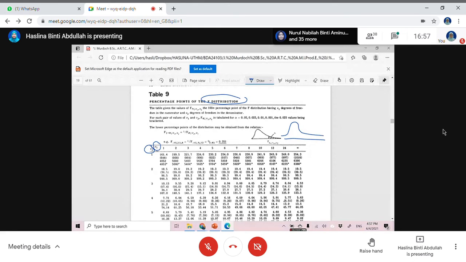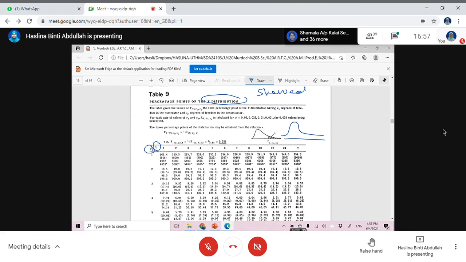Kita namakan sebagai skew to the left. Kalau bukitnya memberat ke arah kanan, we call it skew to the right. Skew. Dia macam bergerak, beralih. Dia tak normal distribution. Cannot symmetry and all the values are positive.